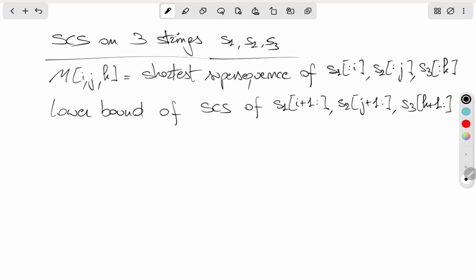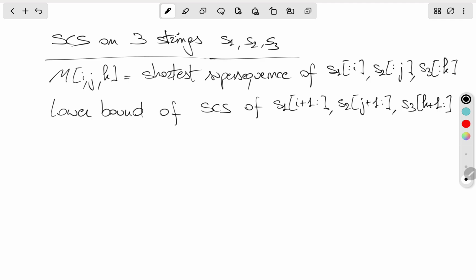So the goal right now is I need a lower bound, easy to compute, not entirely stupid. A lower bound of the SCS on those 3 strings. The lower bound can be, I mean, 0 is not good enough.